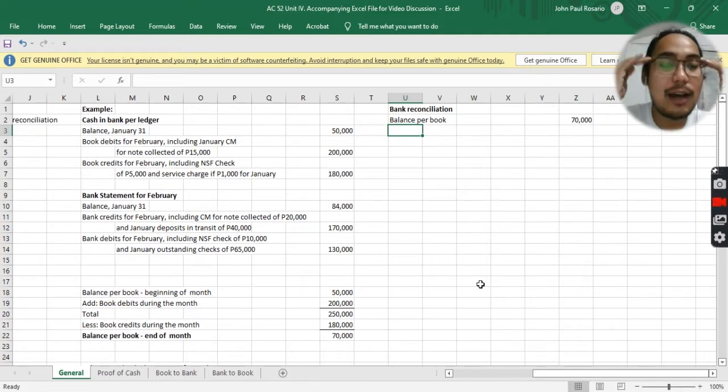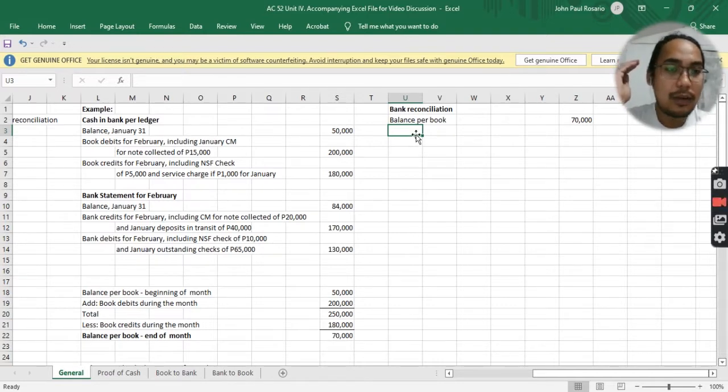This is for the current period only, so we do not concern ourselves with the previous month, January. Concentrate on the current period credit and debit memos. We look at the balance per book, and we are trying to solve for the adjusted cash balance.